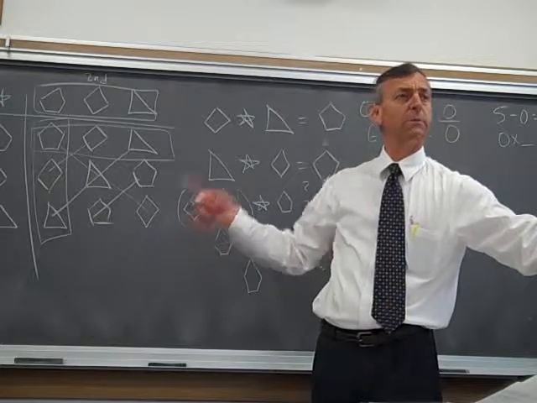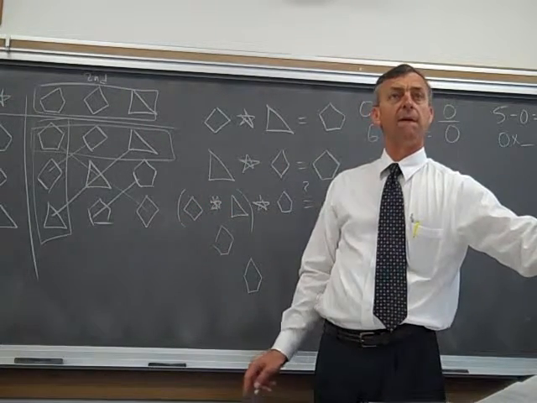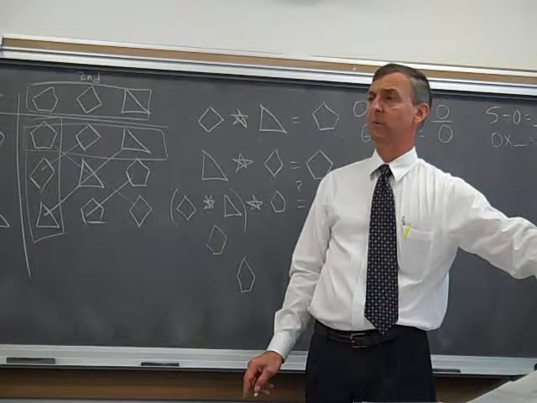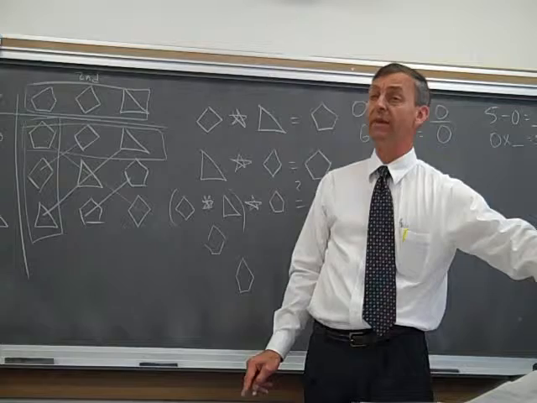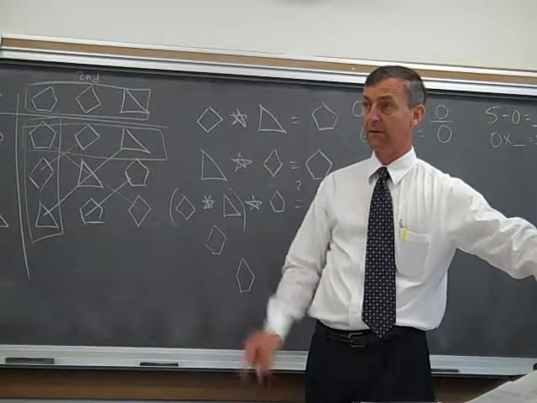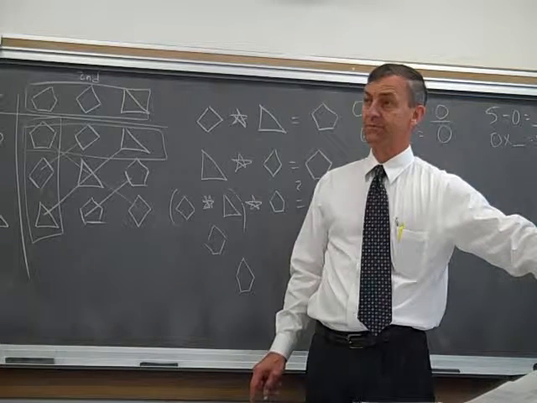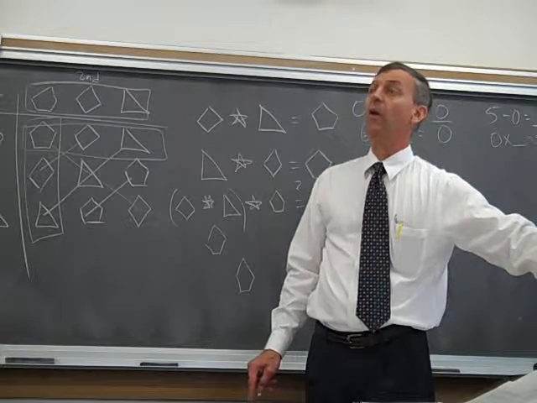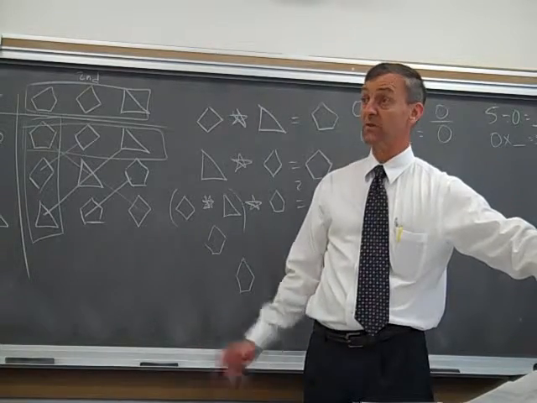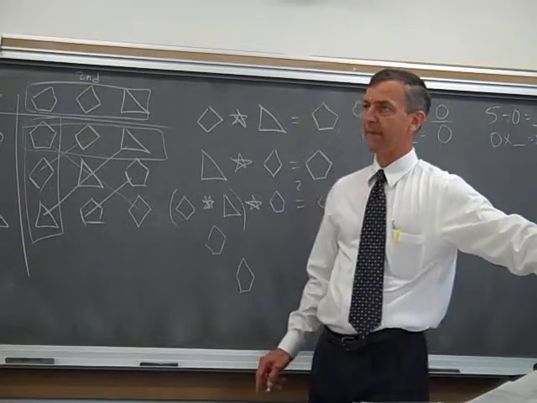Is everybody okay? What was the next question? What is the inverse of triangle? Well, in order to answer that, we have to know what the definition of inverse is. Right? What is it? Inverse is what takes it to the do nothing. What gives us, yields, or equals the do nothing. What's the do nothing here? The pentagon.